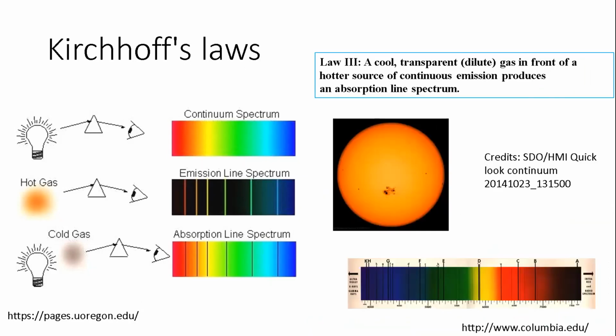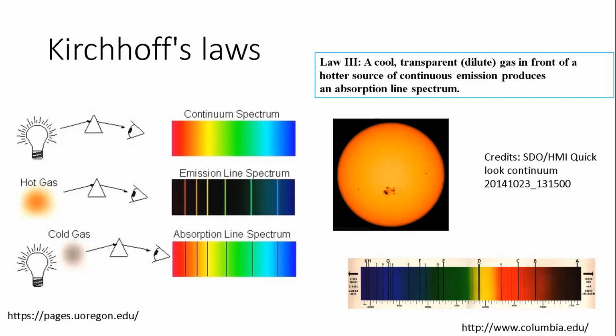Then the third law states that a cool, transparent, dilute gas in front of a source which is giving a continuous spectrum produces an absorption line spectrum. An example is the light coming from the photosphere of the Sun.